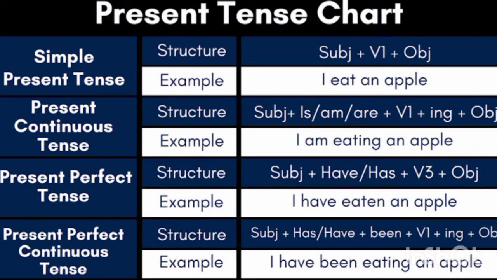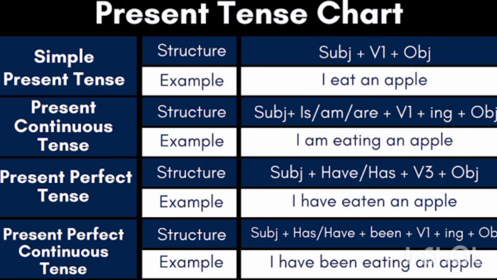Structure is subject plus is, am, are, or helping verb, plus verb first form with ing and the rest of the sentence. Example: I am eating an apple. Present perfect tense. The structure will be subject plus has or have plus verb third form plus object. An example of it will be I have eaten an apple.